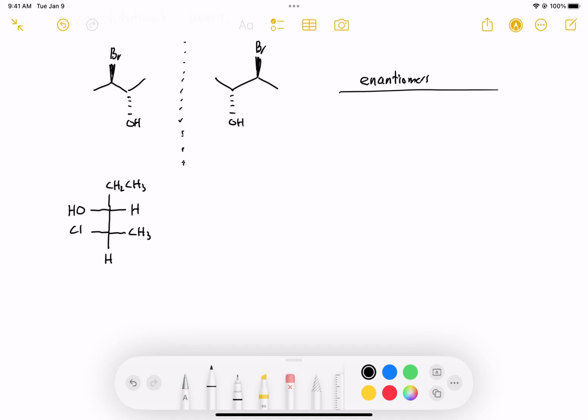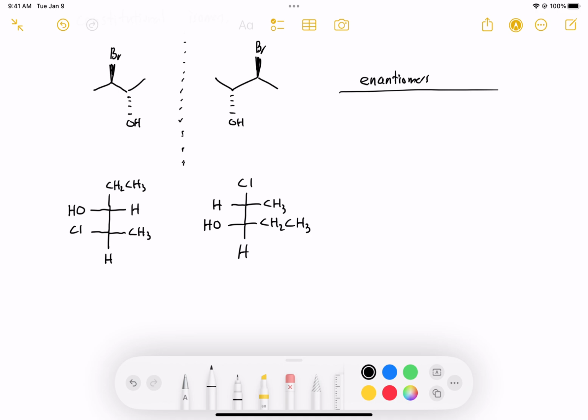Okay, so now let's draw the other molecule, Cl, H, CH3, OH. Okay, H. All right, so they look like they have the same connectivity, so we can rule out constitutional isomers.